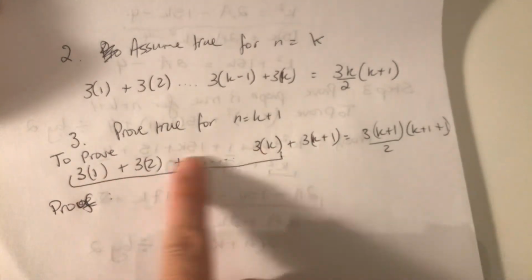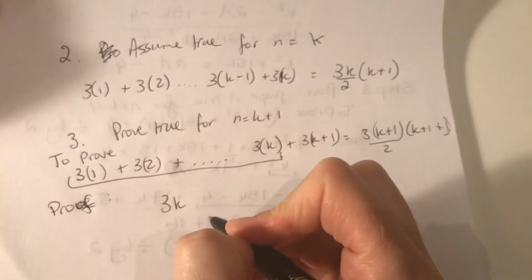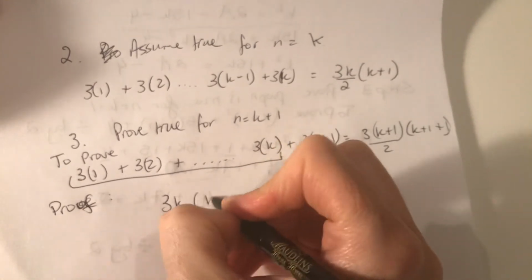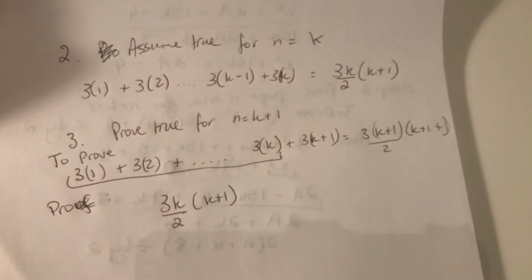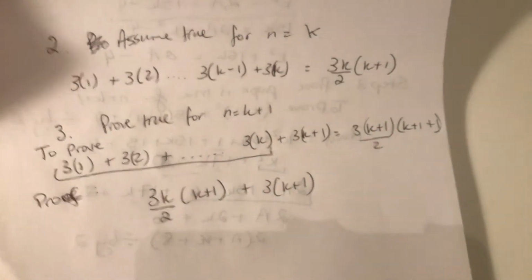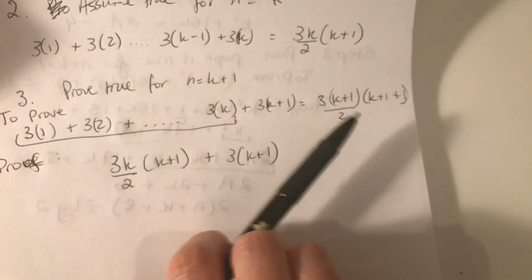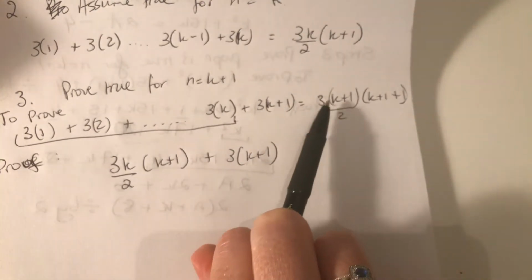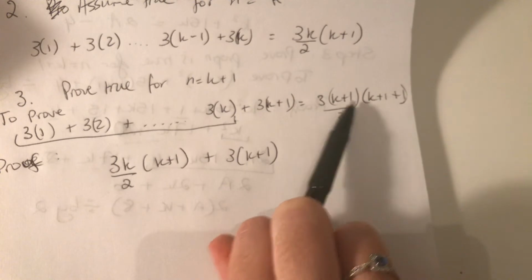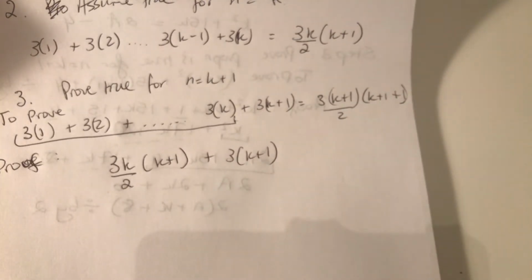So I'm going to replace this with this. And I'm going to work with the left until it looks like the right. Again, what is over on the right here? We have 3k plus 3 over 2 times a k plus 2.